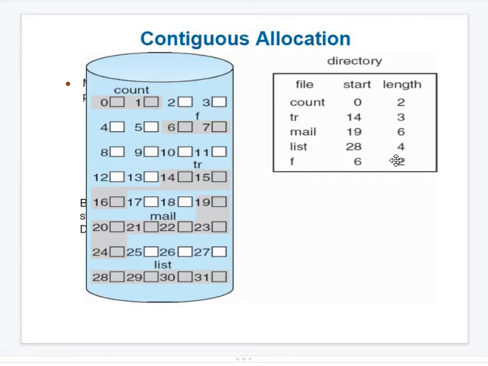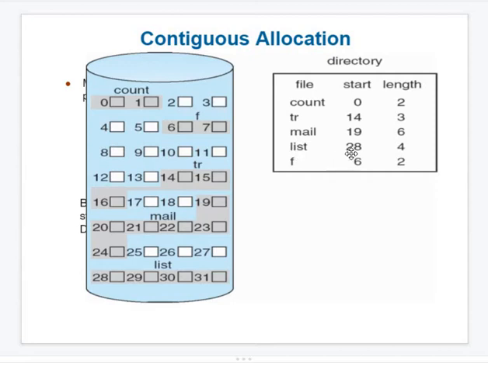Each file occupies continuous blocks of memory on the disk, so that at any instant only one process can access the disk. And once it gets a starting address, next it can continuously access them. Say for example, I want to open a list file.